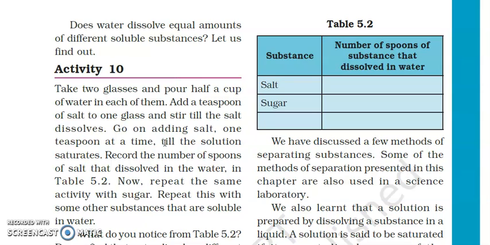So here water is the solvent. And what is a solution? The mixture which is formed by dissolving a solute into a solvent is called a solution. So salt water or sugar water is a solution.